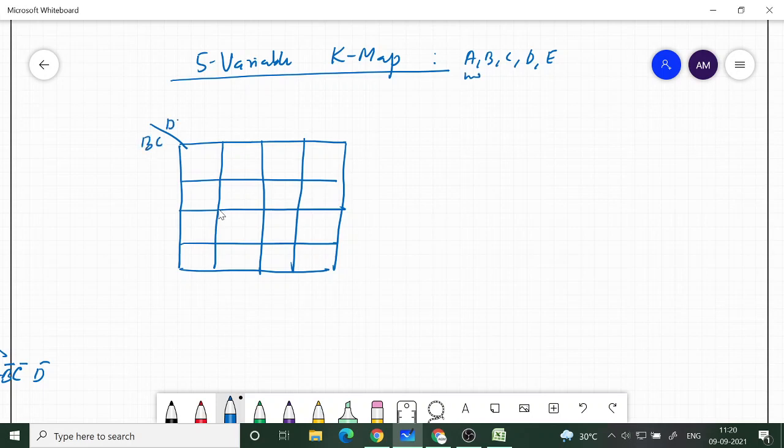B, C, D, E you put here. Then you proceed as before. And you say this 4 variable K-map is for A equal to 0. Then on the right side you draw another.